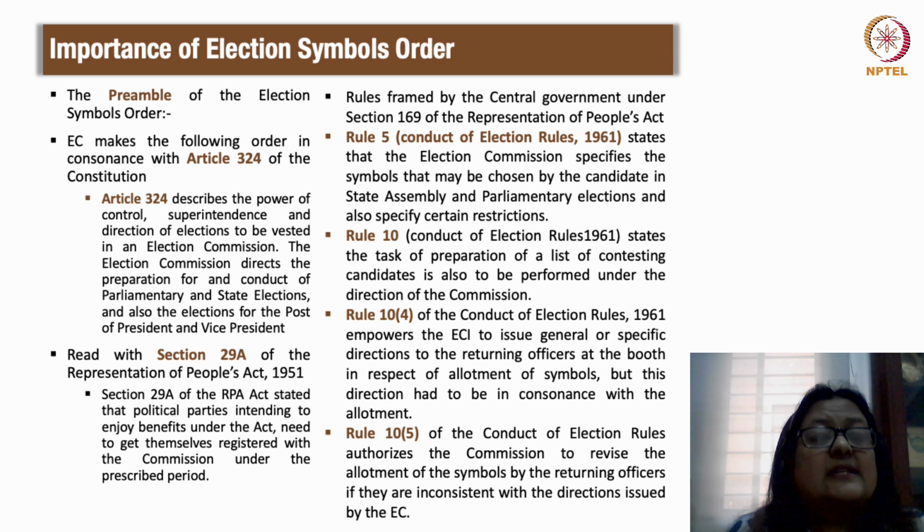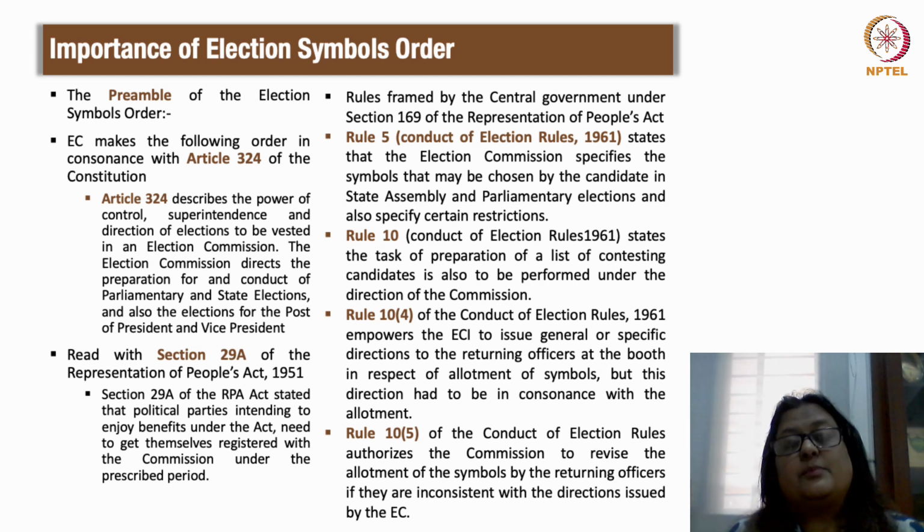The important aspects of the Symbols Order. The preamble of the Election Symbols Order states that it derives its power from Article 324. As in many cases, the Supreme Court has already said 324 is a reservoir of power. So the Symbols Order was made in consonance with Article 324.